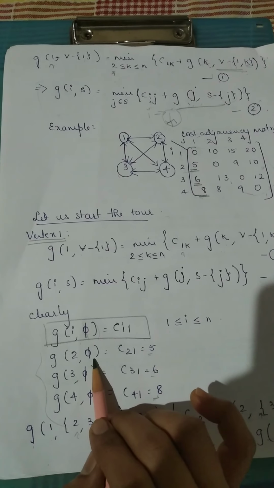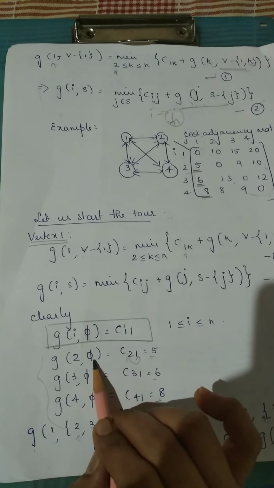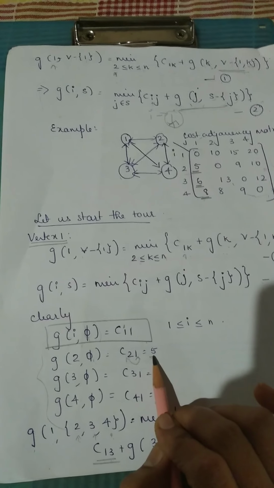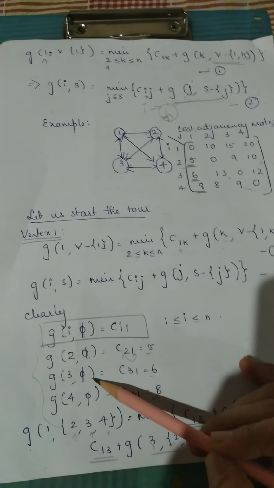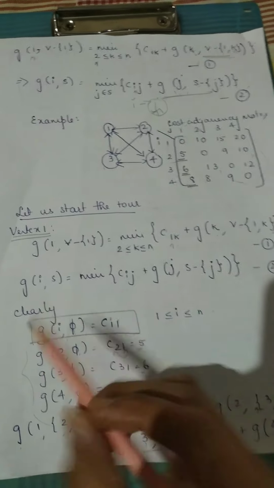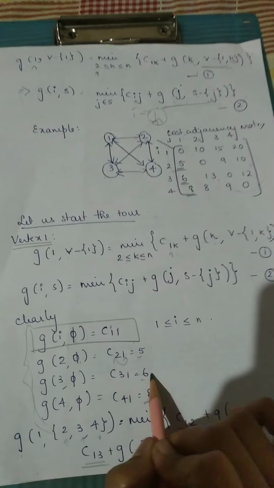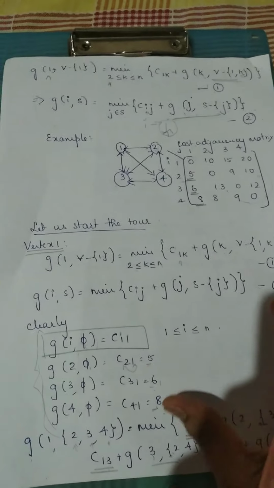G of 2, 1. That means 2 to the initial vertex 1. It is given in the cost adjacency matrix. 3 to 1 is C of 3, 1. 4 to 1 is C of 4, 1. This is the initial condition we need for solving any problem using dynamic programming.